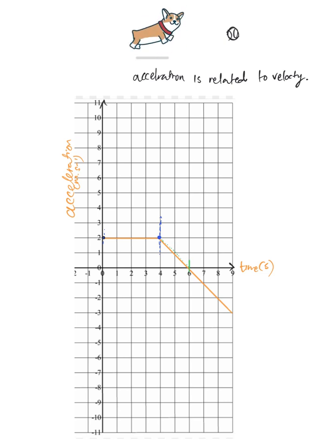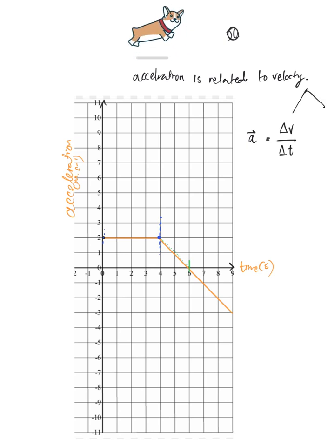We know this because acceleration is defined as the change in velocity, delta V, all over the change in time.